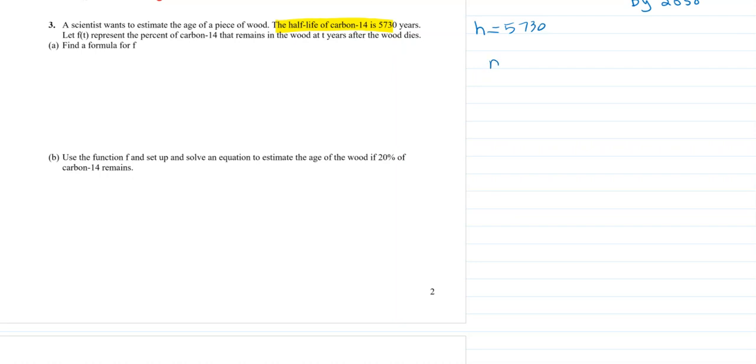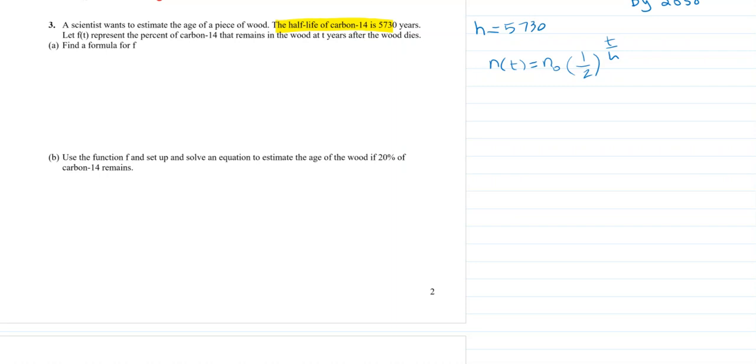So if we are going to use that formula, N of t equals N sub 0 times 1/2 to the t over H, then I'll know what to plug in for that H. Let f of t represent the percent of carbon-14 that remains in the wood at t years after the wood dies.